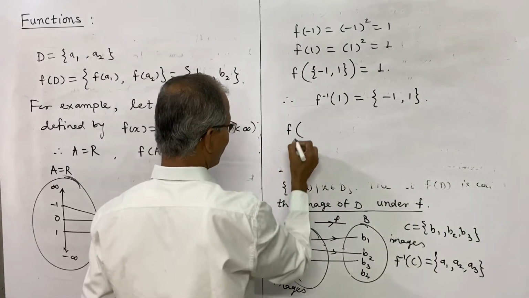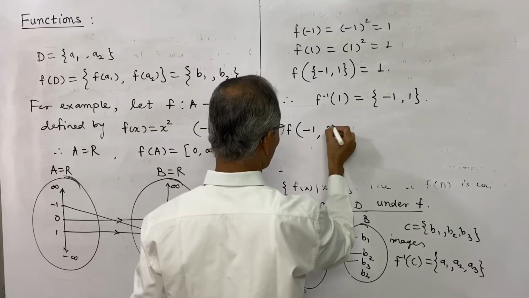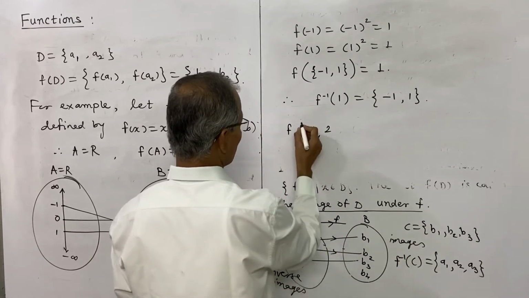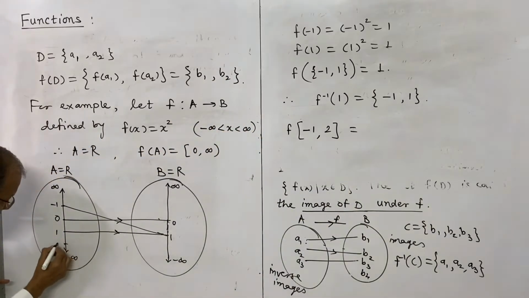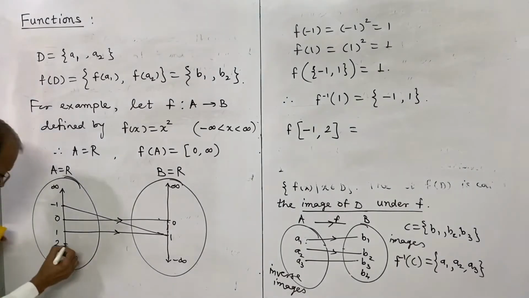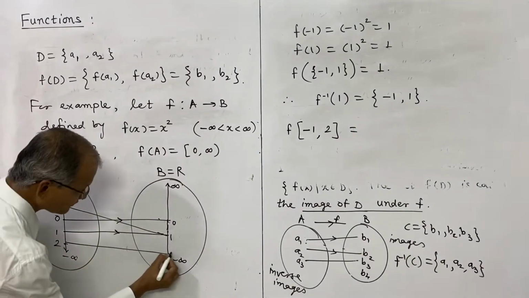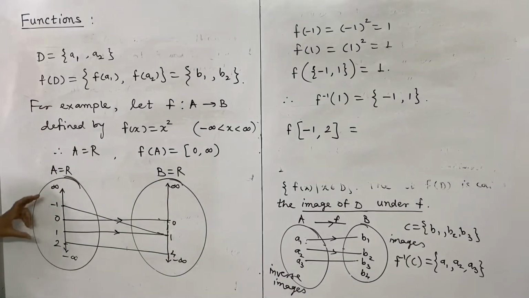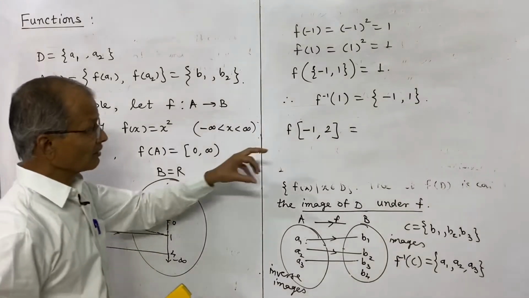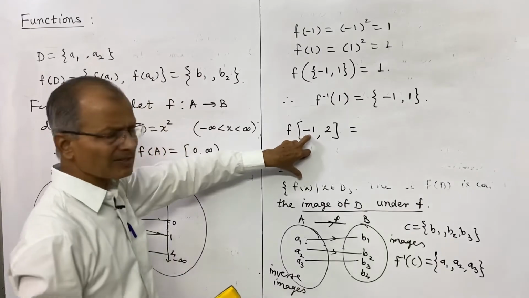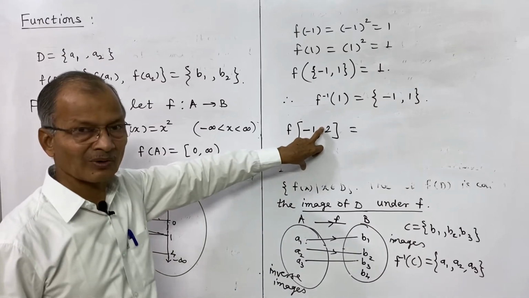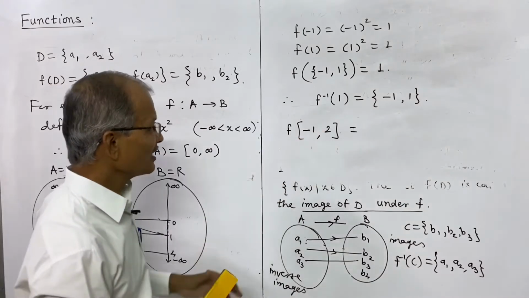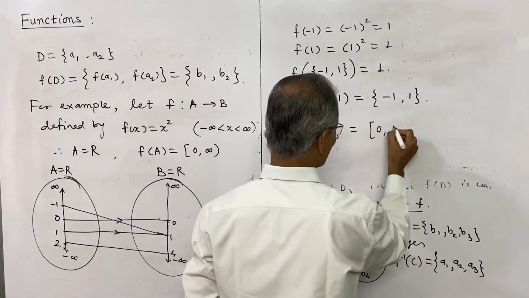And what will be f of the closed interval from minus 1 to 2? See, here is minus 1, here is 1, and if you consider here 2, then the image of 2 will be 2 square, that is 4, somewhere here. The elements from minus 1 to 2 will be mapped from 1 to 4, because the square of minus 1 is 1, but 0 is there too, and the square of 0 is 0, and thus it will be from 0 to 4.